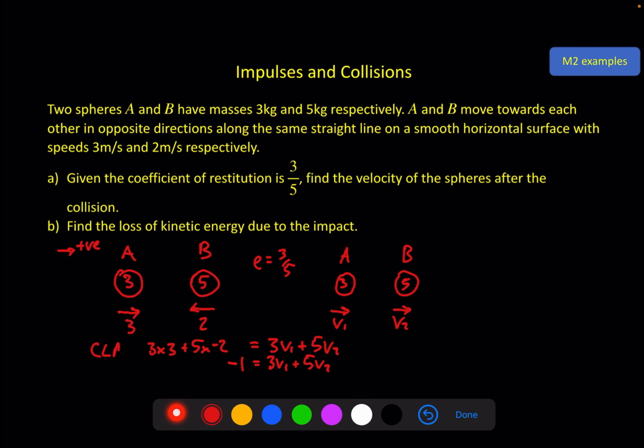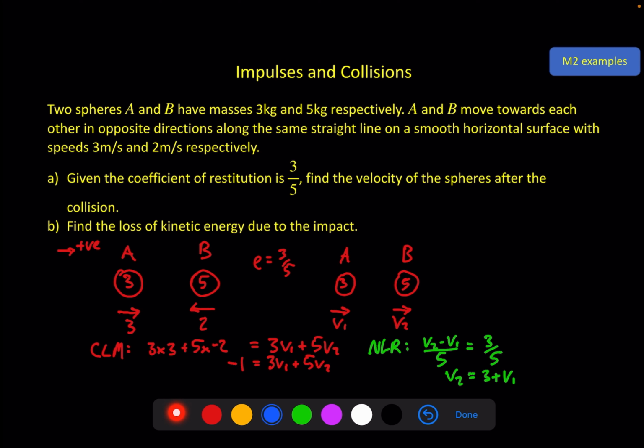This is conservation of linear momentum. Newton's law of restitution. We know that v2 minus v1 divided by the speed of approach, 3 minus minus 2, or 3 plus 2 is 5, must equal E, which is 3/5. And if I rearrange this, we get v2 is equal to 3 plus v1, which I can substitute in here.